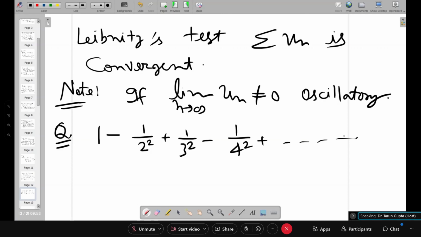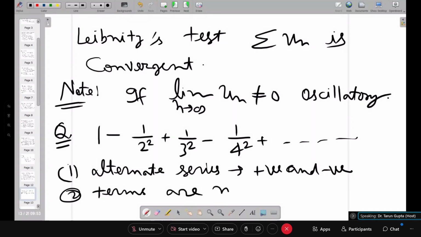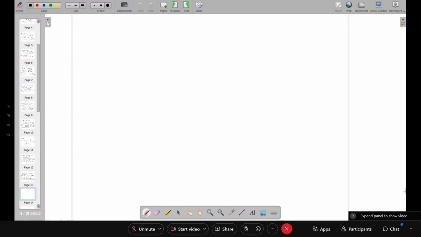So here first thing is, this is an alternate series, because positive and negative signs are there, and here terms are numerically decreasing, so the second criterion is also fulfilled.